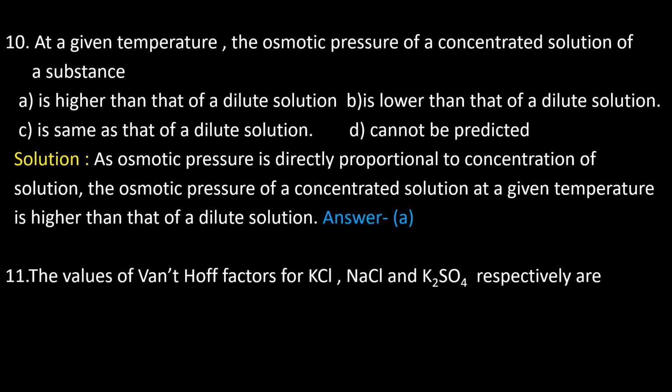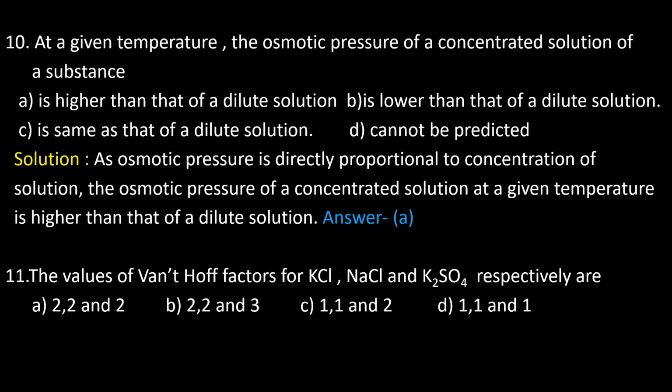Question number 11. The values of Van 't Hoff factors for KCl, NaCl and K2SO4 respectively are A. 2, 2 and 2, B. 2, 2 and 3, C. 1, 1 and 2, D. 1, 1 and 1. The values of Van 't Hoff factors are given by the number of ions or particles produced by these substances.